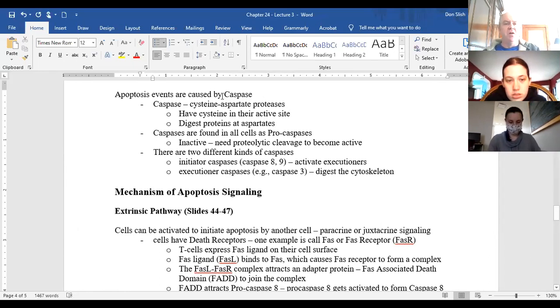So when these things become active, they're going to go out and break down everything that's got aspartate in it, which is the cytoskeleton. They also activate a DNase that's going to break down the DNA.